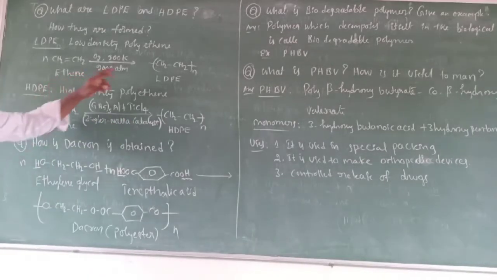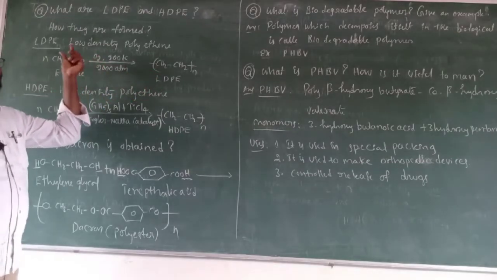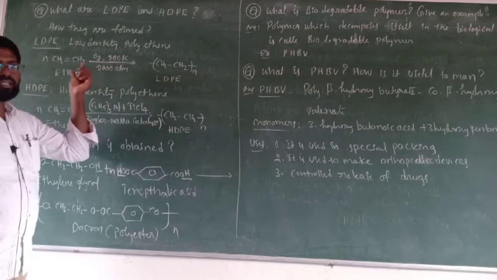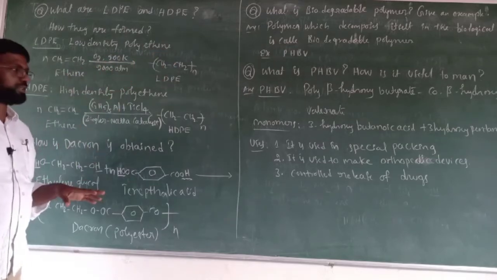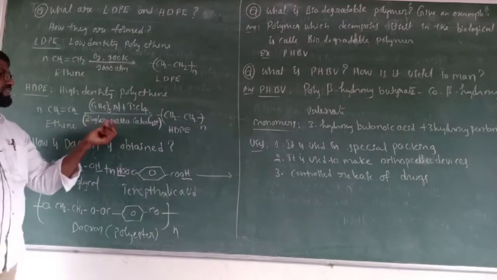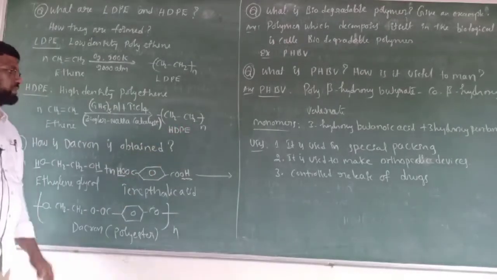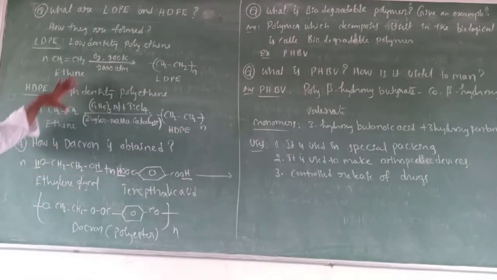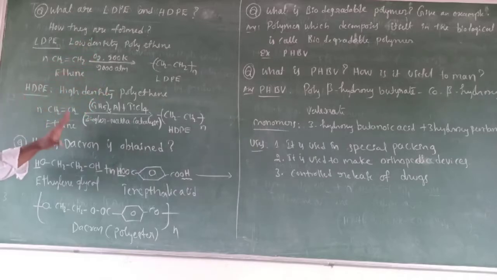If the polyethylene is obtained in the presence of oxygen and certain temperature and pressure, then it is said to be low density polyethylene. If it is obtained in the presence of Ziegler-Natta catalyst, then it is called high density polyethylene. That's all, very simple. Whatever is there on the board, note it down and write in the exam. That's it. This is the answer for this.